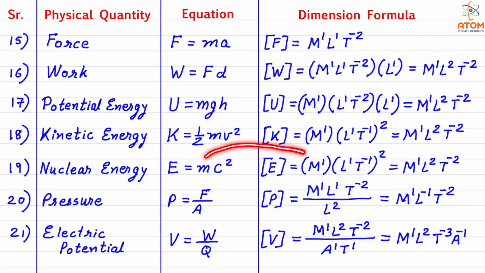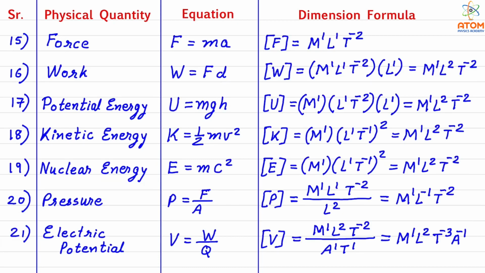So for mass I'll put M1, and for c, because it is velocity, I'll put L1 T raised to minus 1 and raised to square. So we will get M1 L2 T^-2. You can see all of these four physical quantities are having same dimension formula. The reason is that all of them are having the same unit, joule.